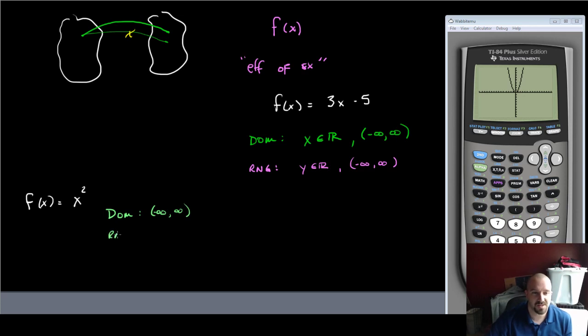And then the range, now this is a little bit weird. See, it comes down, it stops, and it goes right back up. So there's some stopping point there, and we want to go find it. If I press the second key and I press table, then I can look at the values of y, and I notice, oh, look at that, it's coming down, down, down. Oh, it stops. Oh, now it's going back up, up, up.